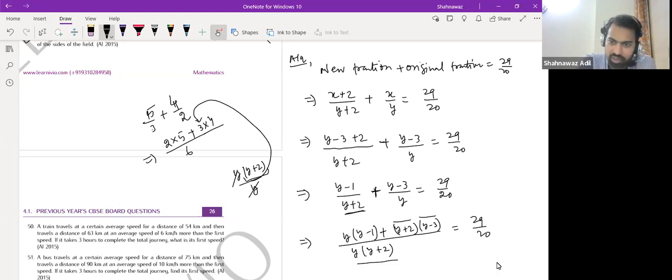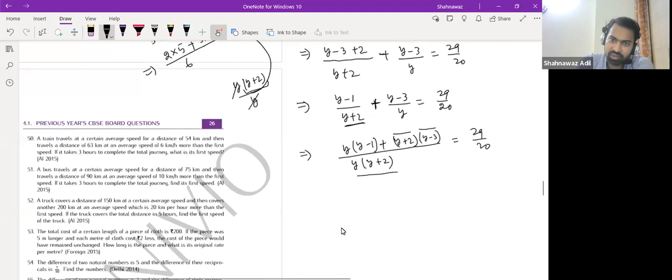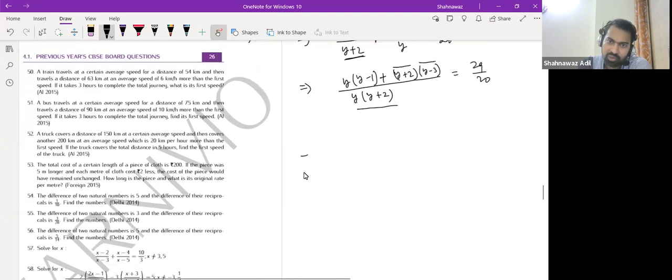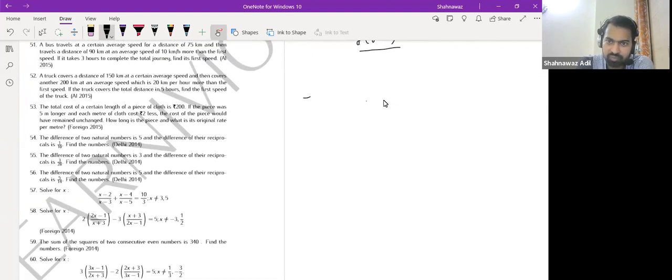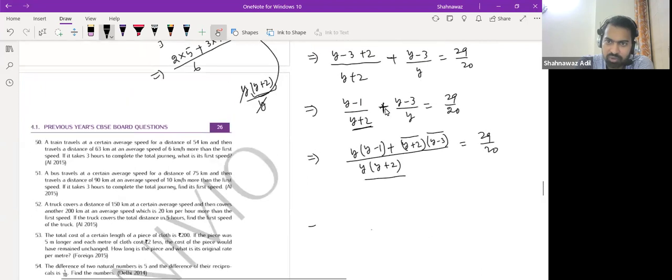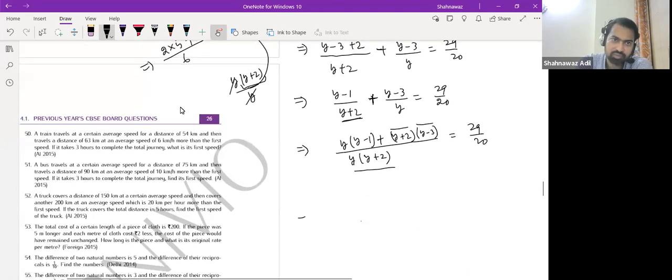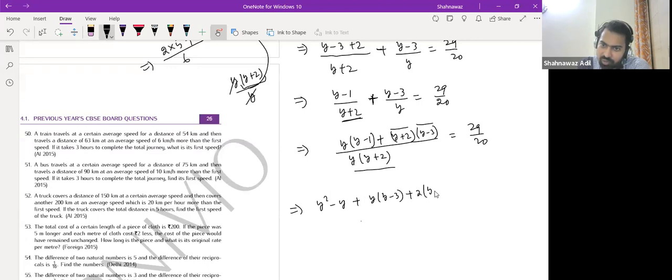Oh, good. So let us solve this further. So this would be y square minus y, and this is y into y minus 3 and plus 2 into y minus 3, and this is y square plus y, and this is 29 by 20.